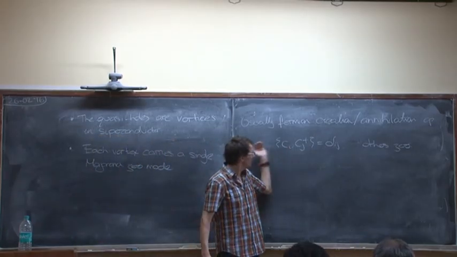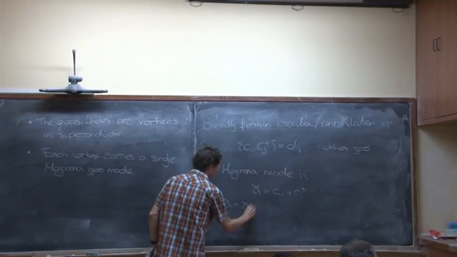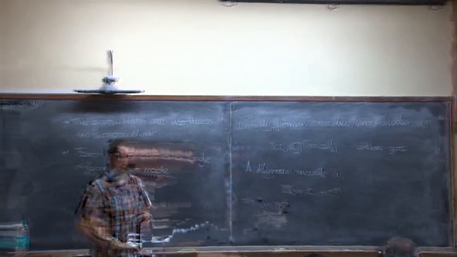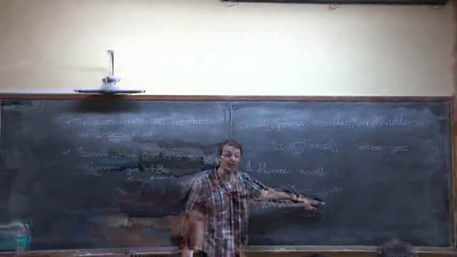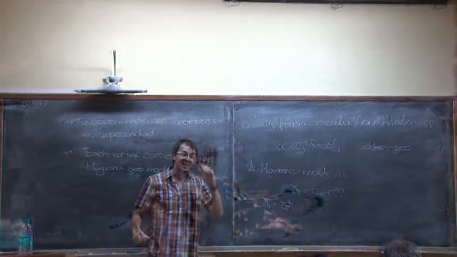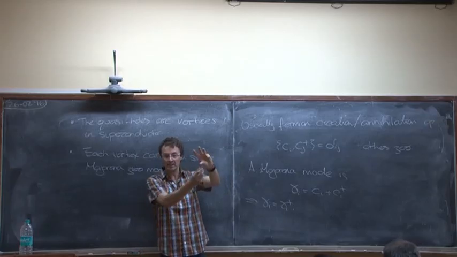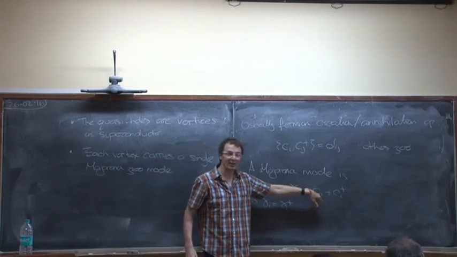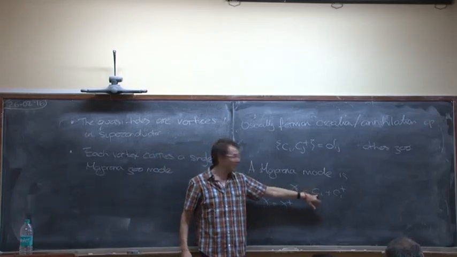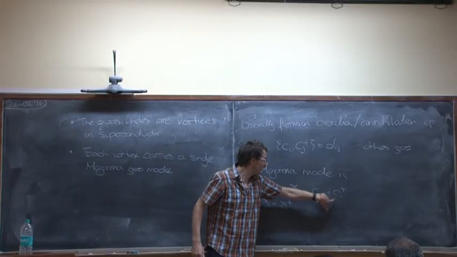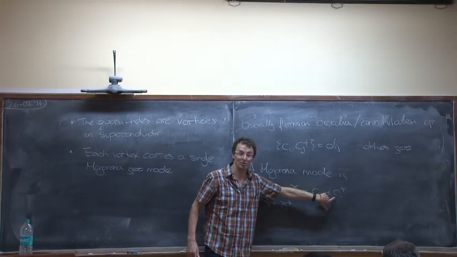Okay, so these are the usual fermion. Gamma i is the same as gamma i dagger. It's very strange, right? If C dagger i is an operator that creates an electron in some state i, then this creates or kills an electron, which means that this operator doesn't conserve charge, right?